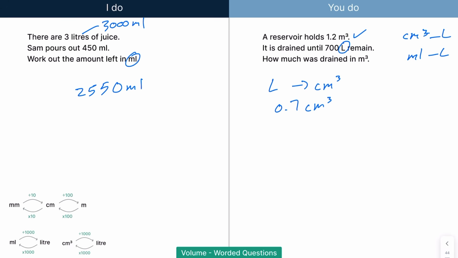Now that you have that, how do you convert centimeters cubed to meters cubed? You know how to do that because we can use these length conversions down here. So if I have centimeters cubed and I want to go to meters cubed, I'm just going to divide that by... oh no, sorry, it's not a division. It's a multiplication here. I was getting myself confused.